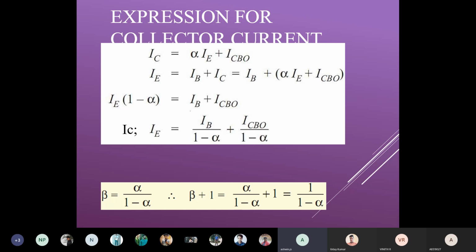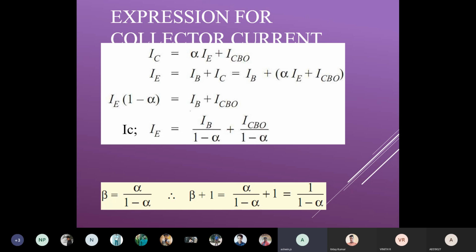IB will be there plus ICBO, the leakage current. Then I'm moving 1 minus alpha to the denominator. So the IE equation, the current equation, is nothing but IE equal to IB by 1 minus alpha plus ICBO by 1 minus alpha. Okay, so this is your emitter current equation.